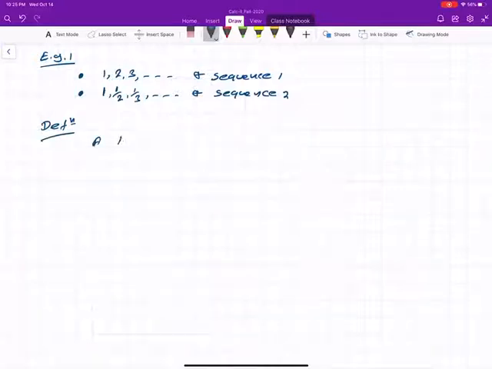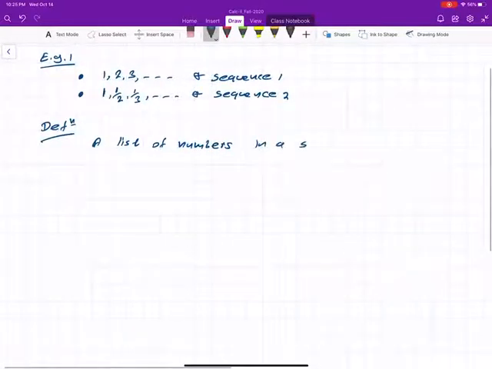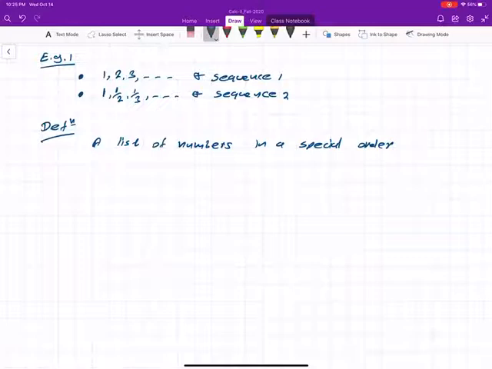Okay, let's learn the definition of a sequence now. Definition: a list of numbers in a special order, a1, a2, ..., an, is called a sequence.